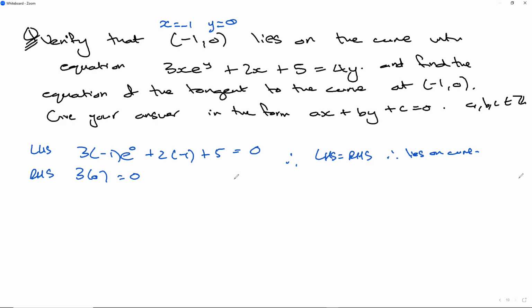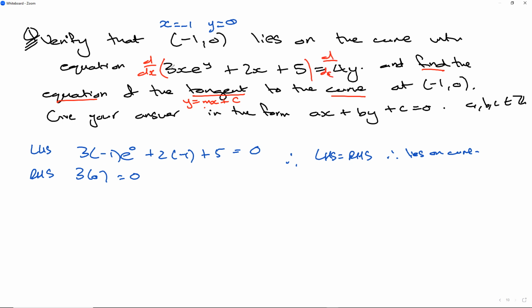Okay, the second part of the question, they're asking us to find the equation of the tangent to the curve. So we know this is going to be y equals mx plus c. The first thing I need to do is find the gradient m. So I've got to differentiate this function, and I'm going to say d dx across both sides of the equation.